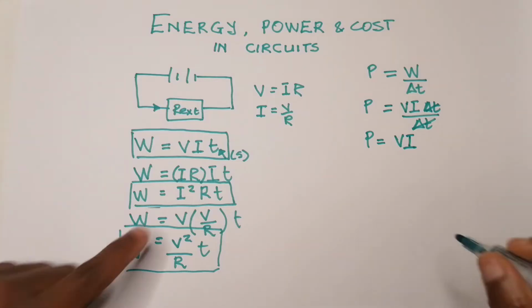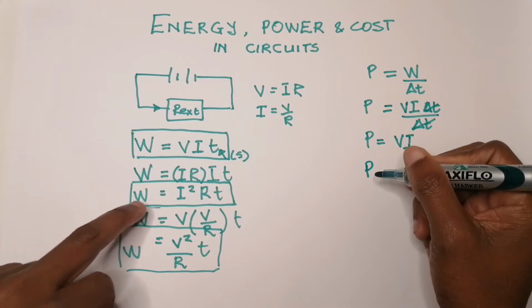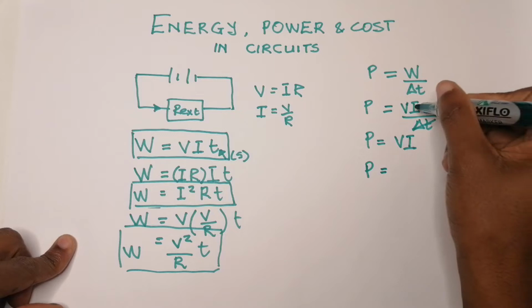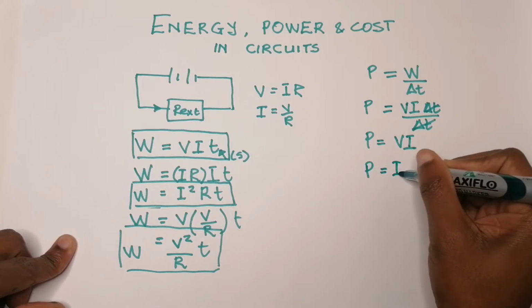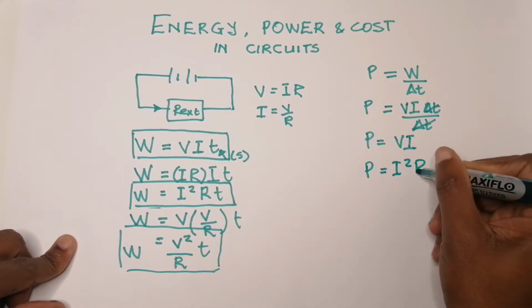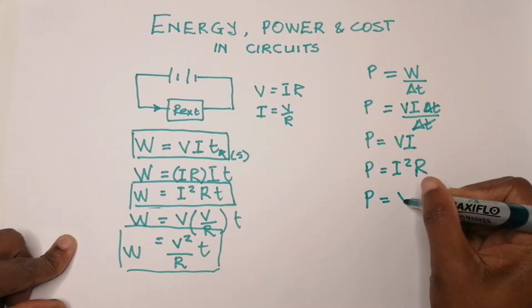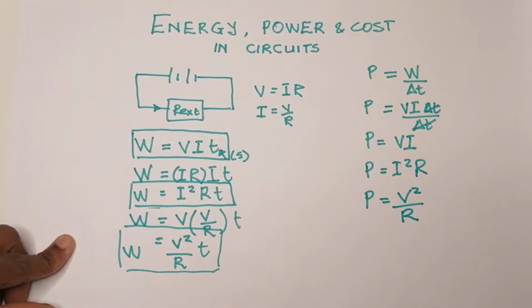But obviously, just like we did for energy, remember we said energy is I squared R multiplied by T. So it's going to be I squared R multiplied by T divided by T, and you end up with I squared R. That would be power. And obviously the last one where you've got V squared divided by R. So essentially when it comes to power and energy, this is what you are going to have.